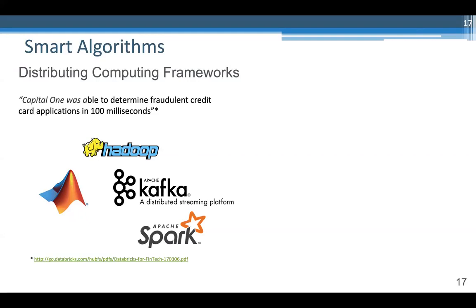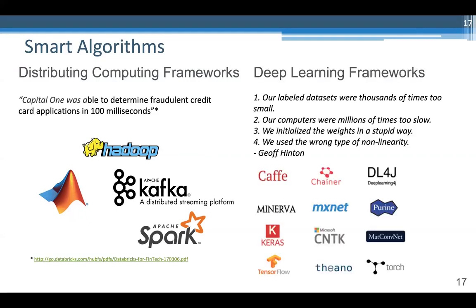On the other hand, you're seeing smarter algorithms. Most of you must have heard about neural networks and deep learning in the context of at least AlphaGo and some of the AI challenges in which humans have been beaten by machines. So we are seeing a huge interest in algorithms like deep learning frameworks, which are helping us solve problems we'd never think about solving before because of computational and modeling constraints.